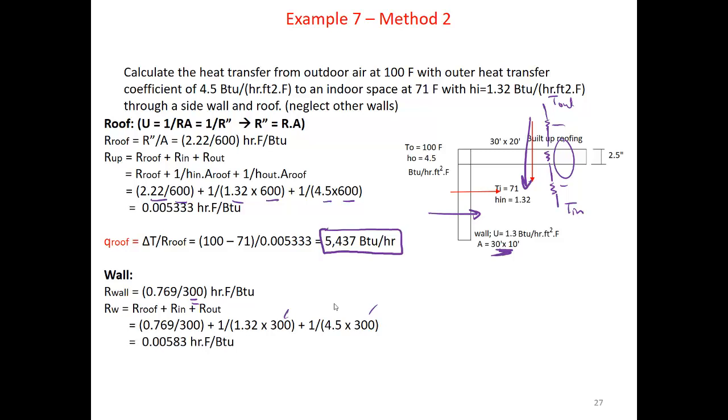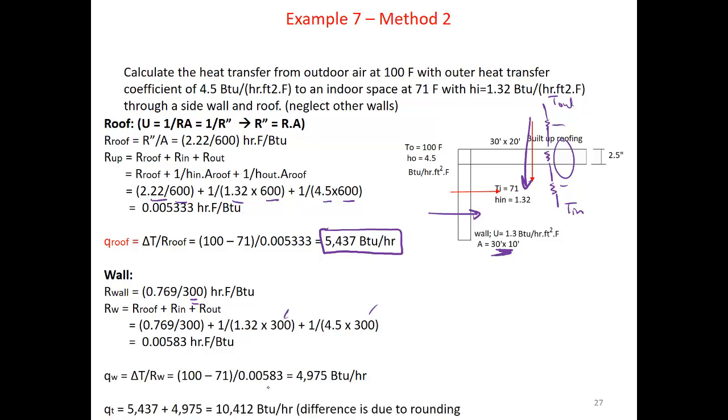We'll end up with this value for the total resistance through the wall, and the temperature difference divided by that value gives 4,975. If you add those two, you end up with 10,412. We got 11,000 before.